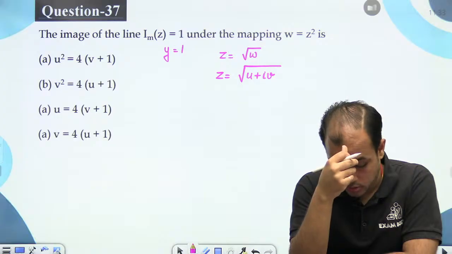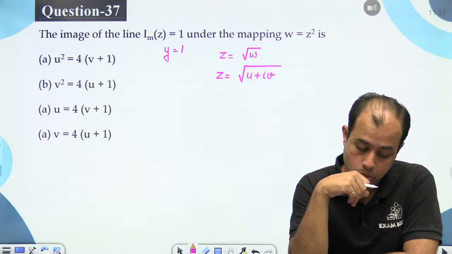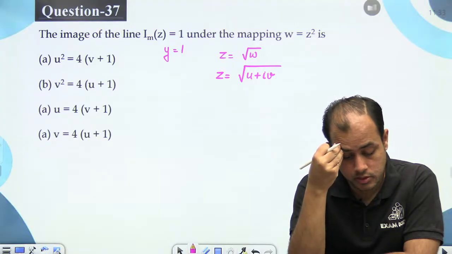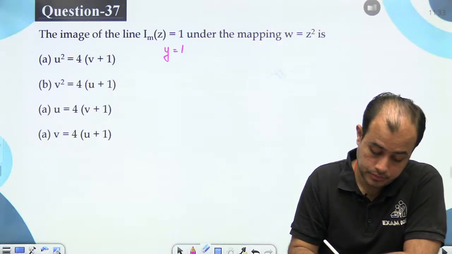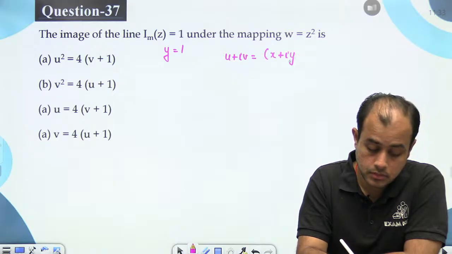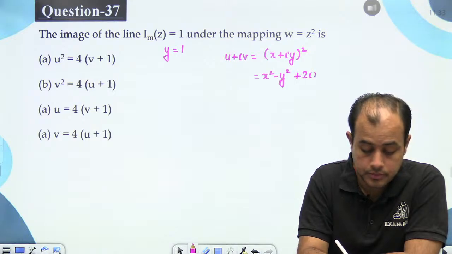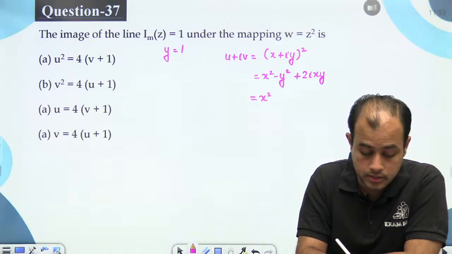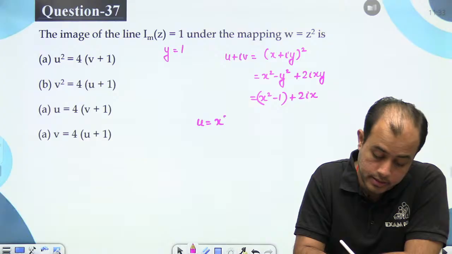Now how to calculate the root? W equal to Z square if we keep Y equal to 1. X square minus 1, Y equal to 1 plus 2 iota X. So U will be X square minus 1.